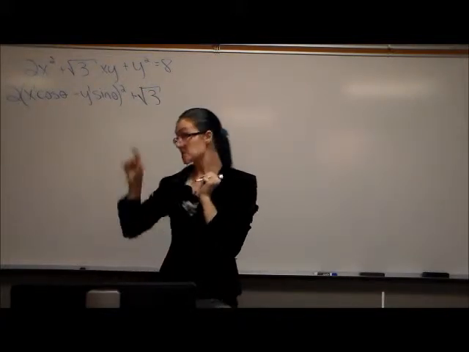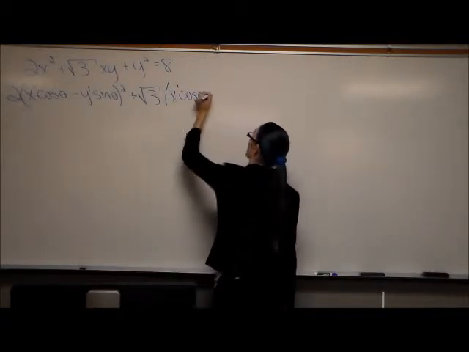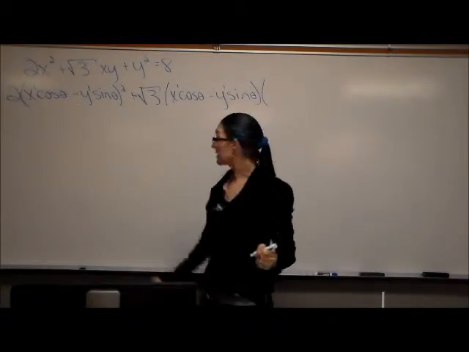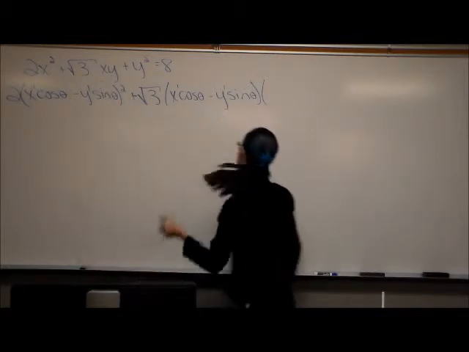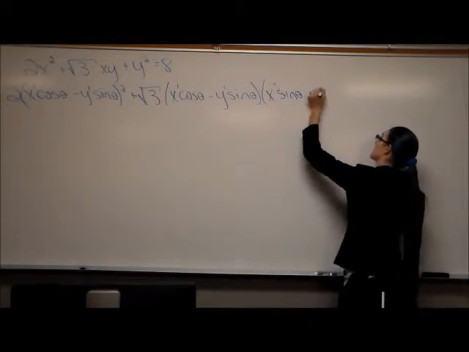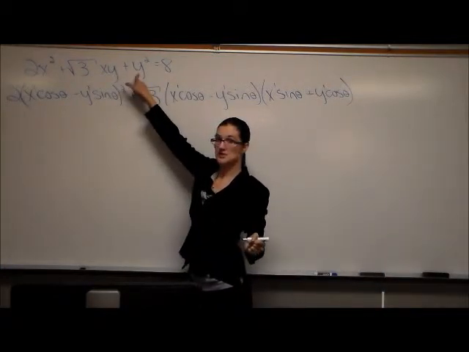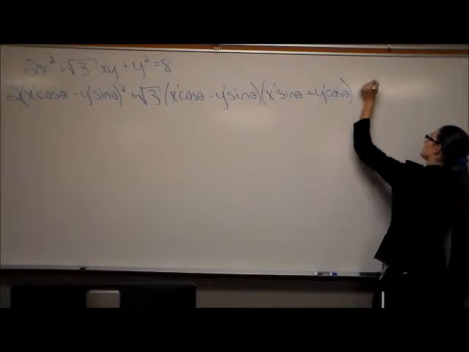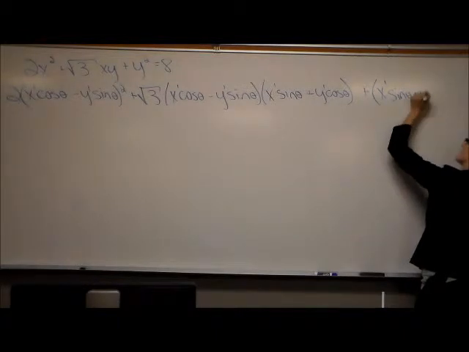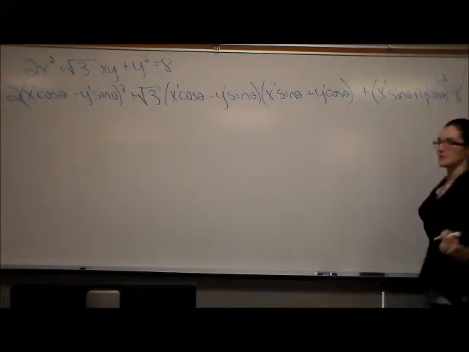Then I have x times y, so I have my x again, that's x prime cosine of theta minus y prime sine of theta, times your y, which is x prime sine plus y prime cosine of theta, plus y squared, squared equals 8.